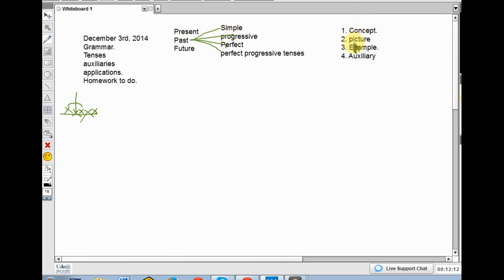Also, number 5, according to these examples that I have been giving you, you are going to write the structure. For example, the structure for the present simple: subject plus verb in agreement with the third person plus complement.